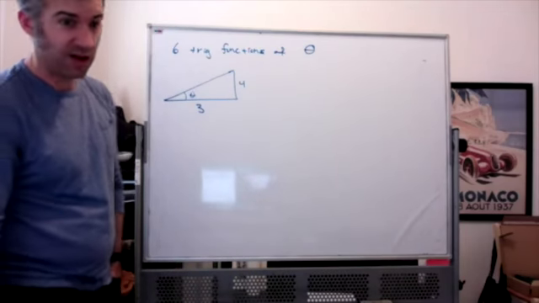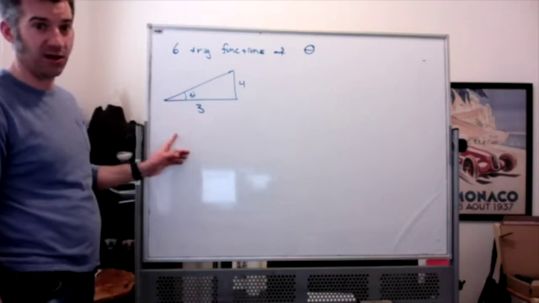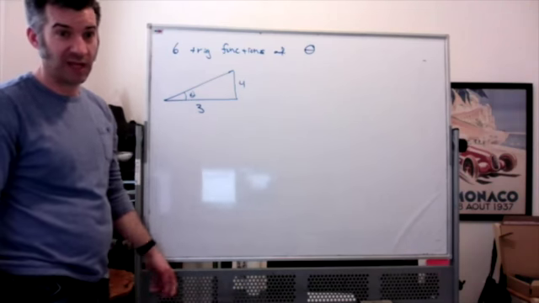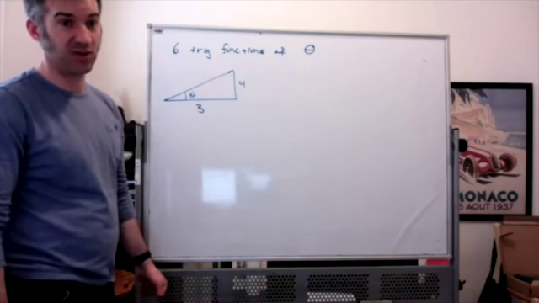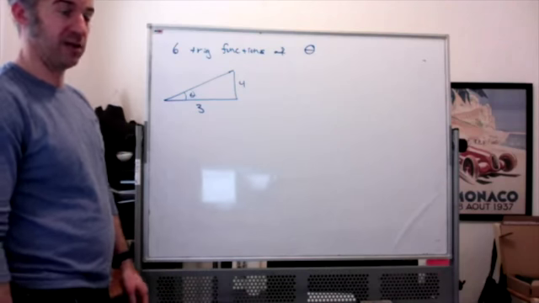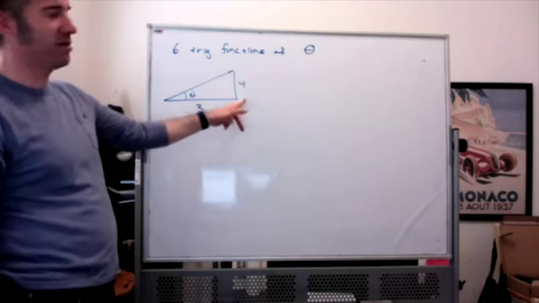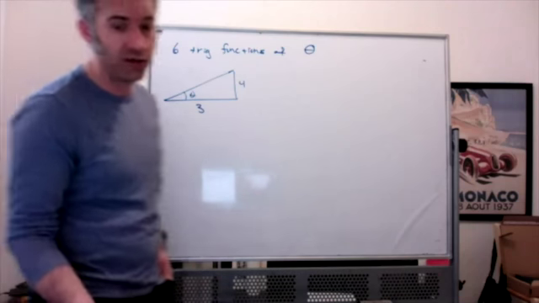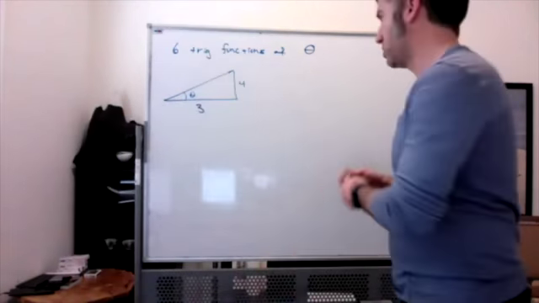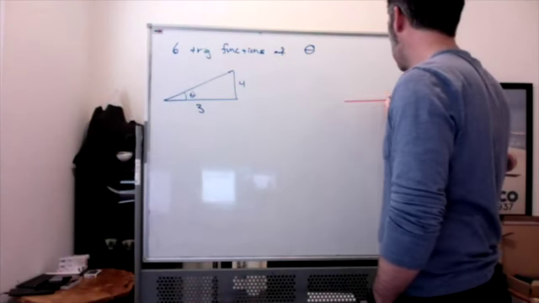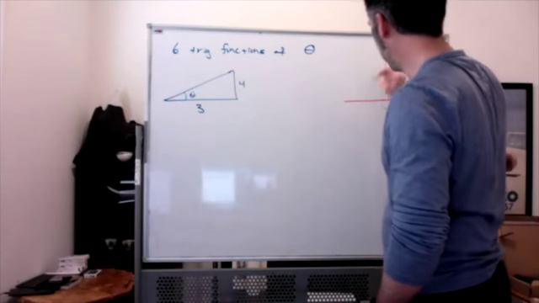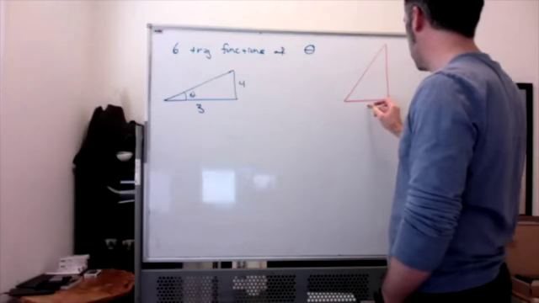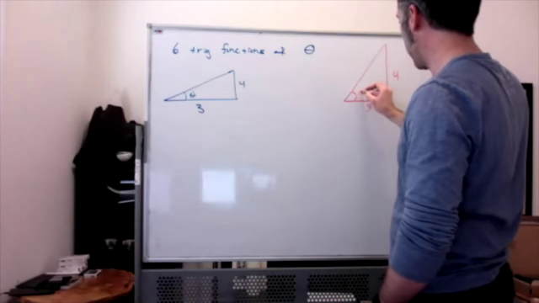It clearly looks like this side's longer and this side's shorter. Sometimes you've got to deal with it. Sometimes your teachers are going to draw bad pictures, and you'll wonder, shouldn't that side be 4 and that side be 3? No, it shouldn't. I drew it dumbly. If I was actually trying to draw it to scale, it would look a bit more like this.